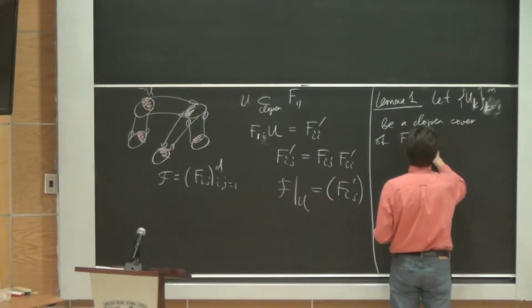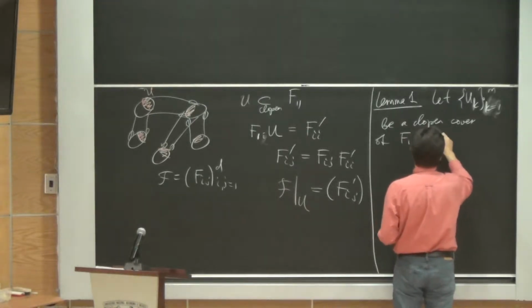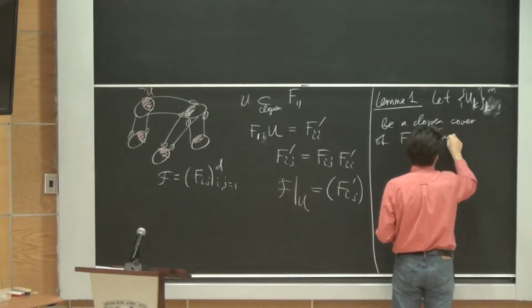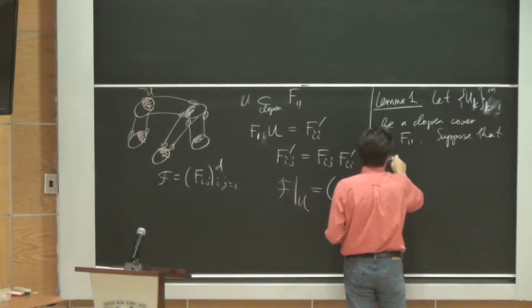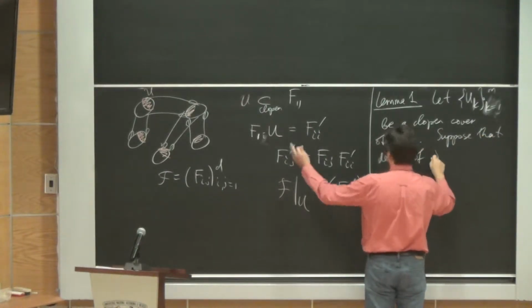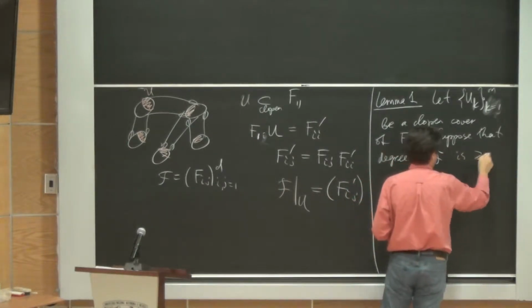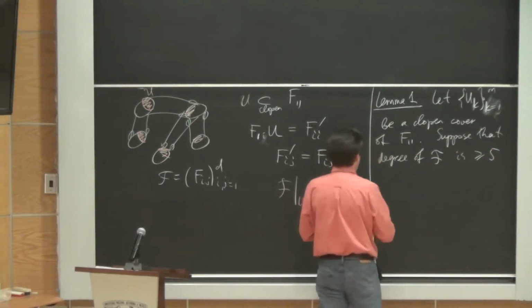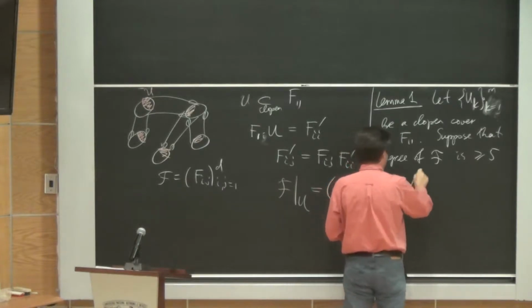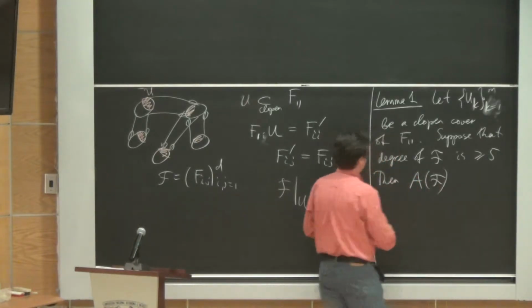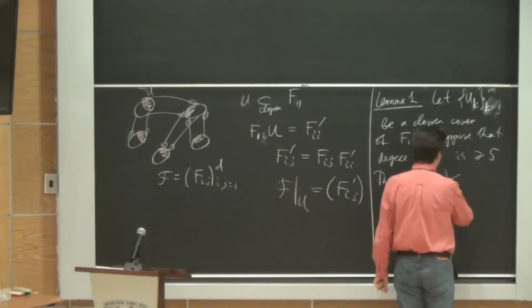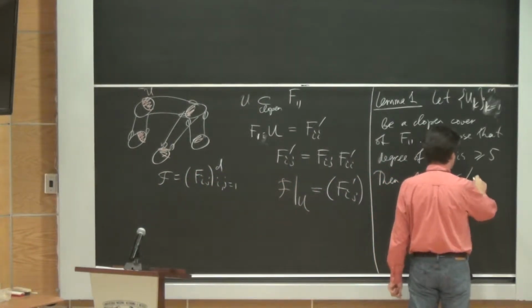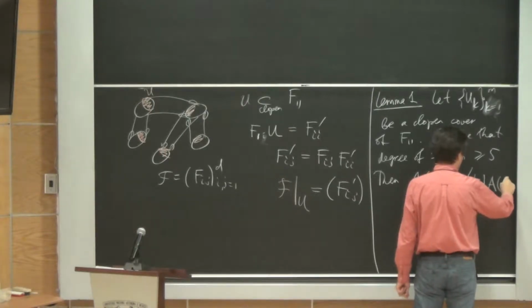And suppose that the degree of F, so the number of components, is at least 5. Then the alternating group corresponding to this big multisection is inside the group generated by the union of restrictions.